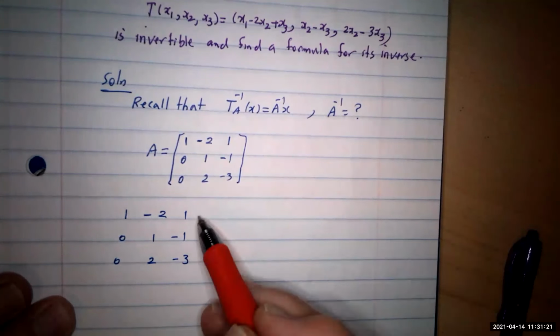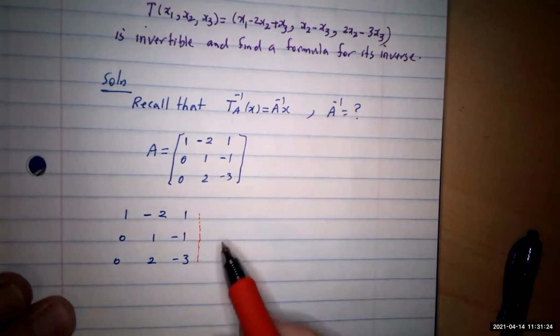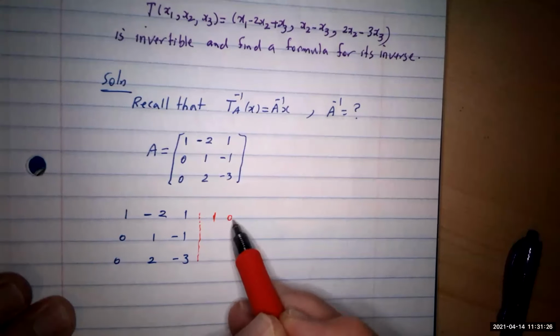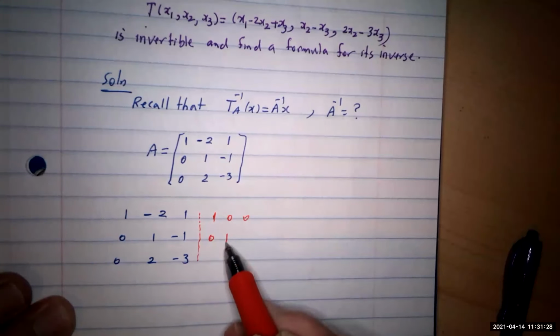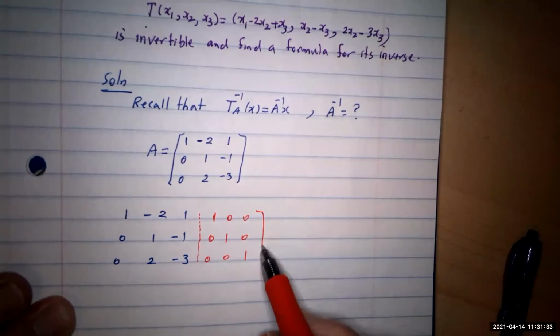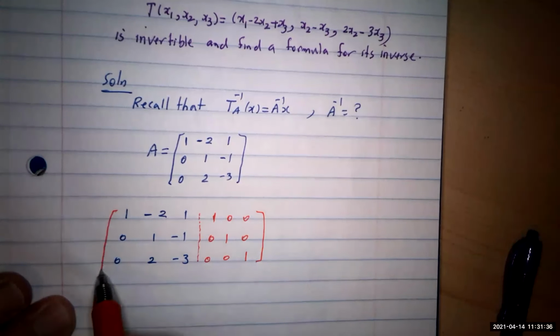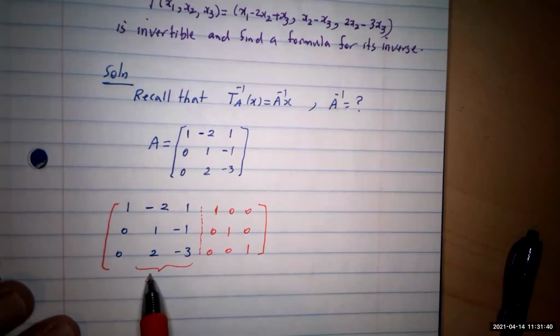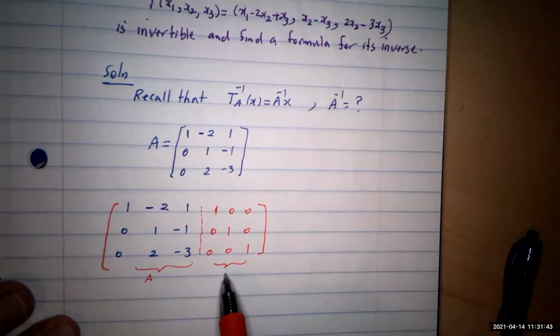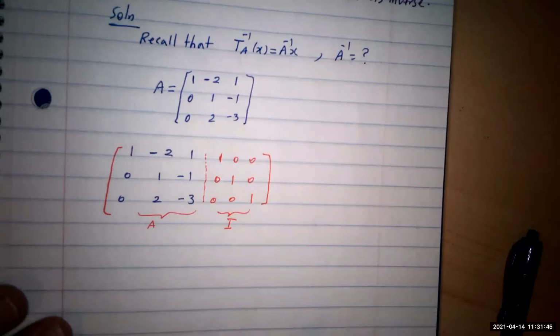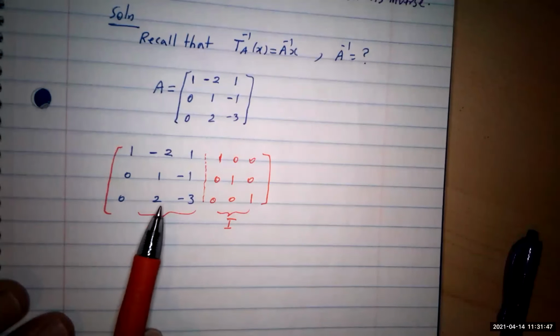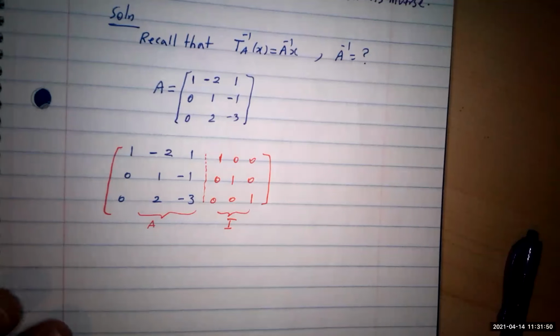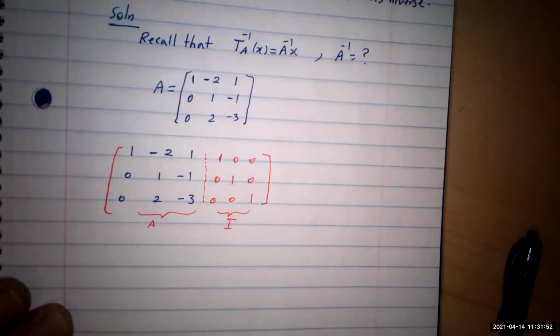Remember, we put the identity matrix here: 1, 0, 0, 0, 1, 0, 0, 0, 1. We start with this one and we change it. This is going to be A, and this is going to be the identity. You have to work on this one, change this part into the identity, so the other one would be A inverse, using the row echelon form.